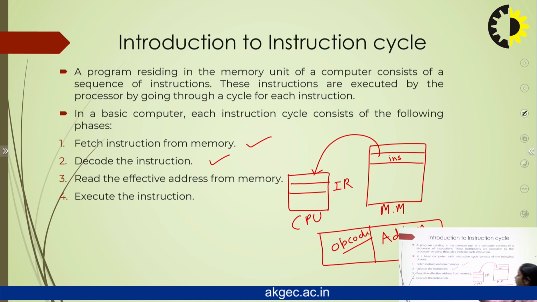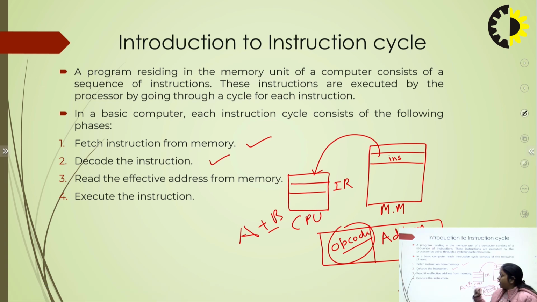For example, if we want to perform A plus B, then plus is the operation told by the opcode. After decoding this instruction, we have to perform addition, and A and B are the operands on which this operation will be performed, and these A and B are stored in the memory.